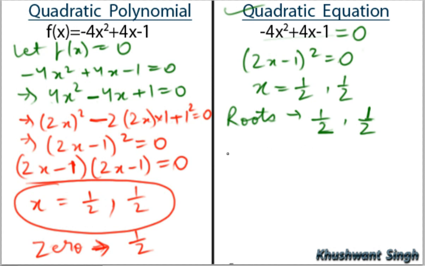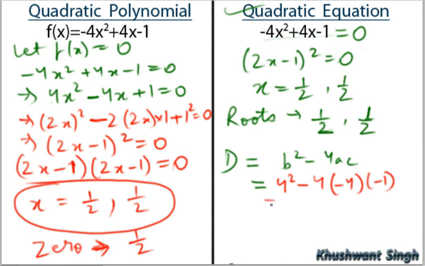Now let's see the value of discriminant or D. We know that D is b square minus 4ac. So b square means central term whole square. So 4 square minus 4 times the first term, this one minus 4, and c is this one minus 1. So 4 square minus, minus minus plus, into minus 4 into minus 1, that is again 4 square.